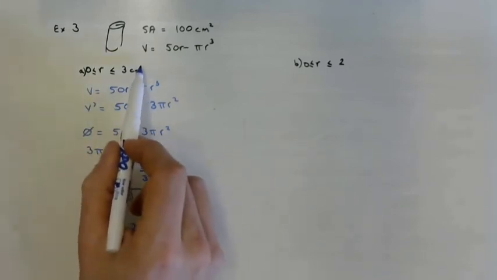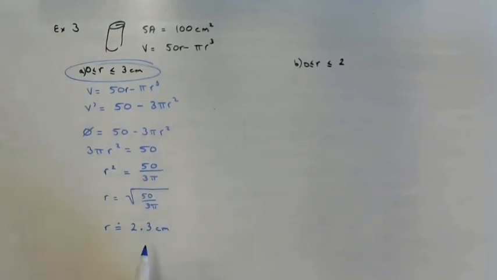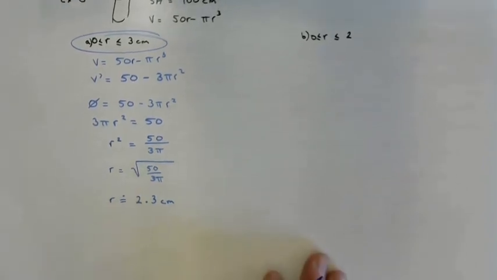So over this domain, a radius of 2.3 centimeters will maximize the volume of the cylinder. Anyway, we would have to check the value of the function at all 3 points.